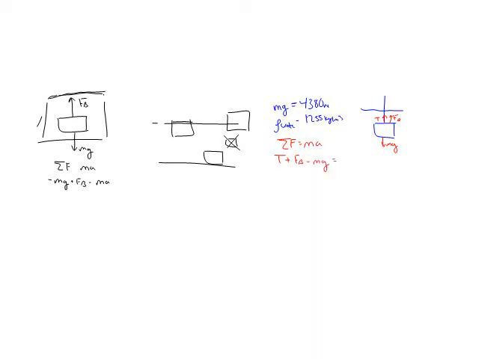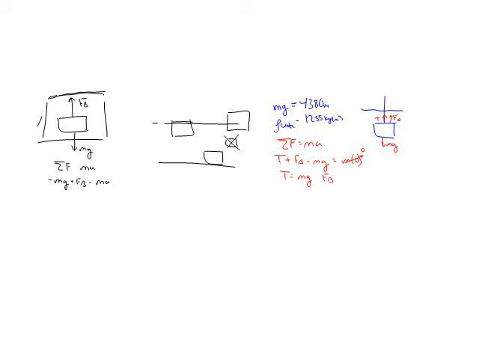Now, is it accelerating up or down? It says it's hanging there. So this is going to be mass times 0. So this side disappears. Our tension is going to be equal to our weight minus our buoyant force, which makes sense because we're going to feel some weight, but this buoyant force is making it a little bit lighter.